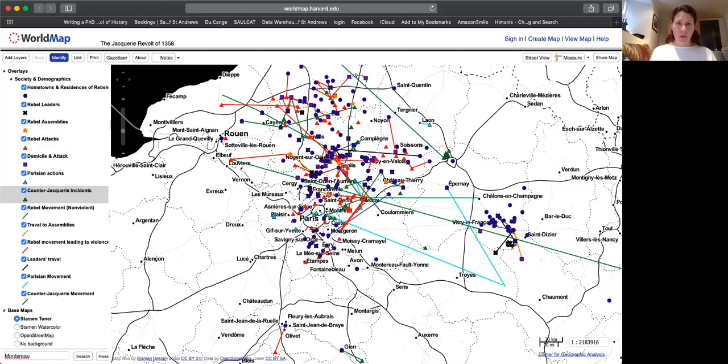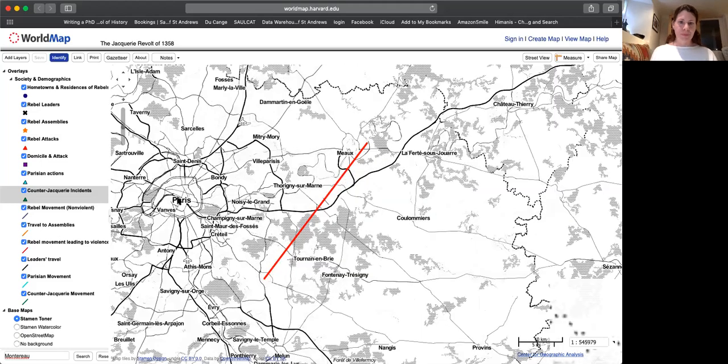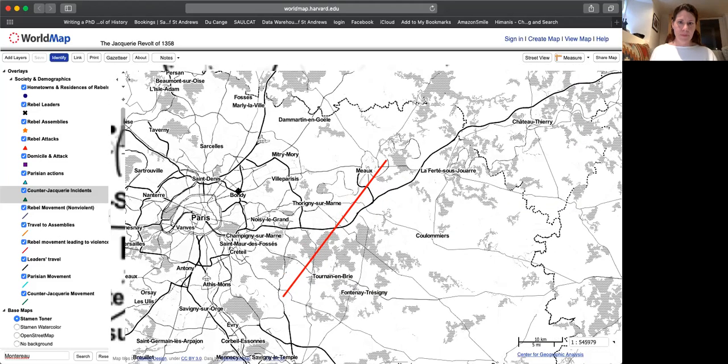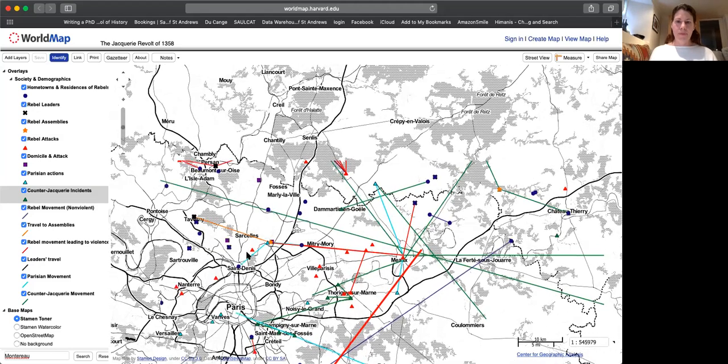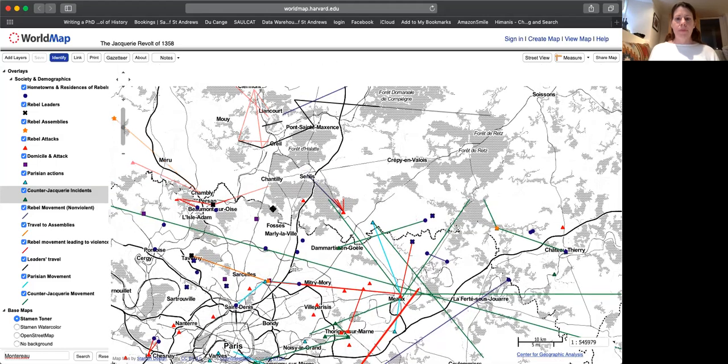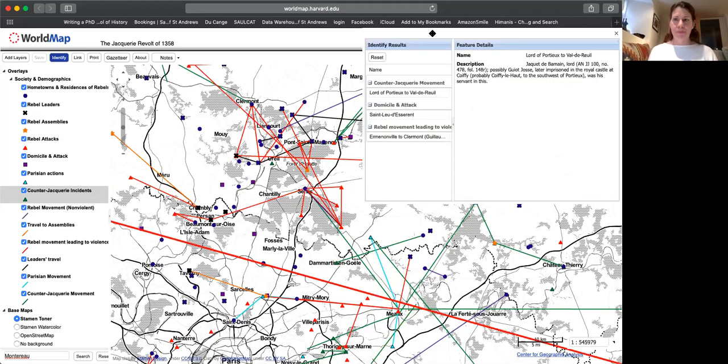I'm going to zoom in on that village for you now. So that village is here, just a little northwest of Chantilly on the Oise River.